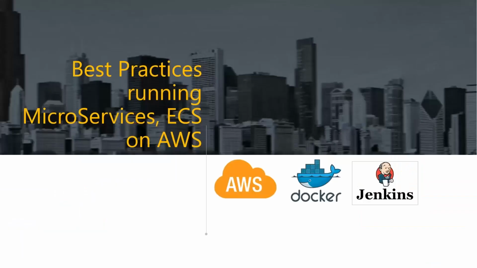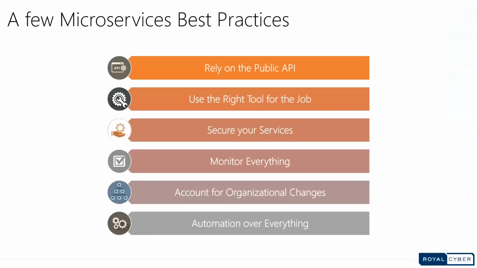So now that we have seen these challenges, let's look into some best practices that are used for running microservices on ECS on the AWS platform. For microservices, a few best practices would be that we have to extensively rely on public APIs as they do the talking with each other or with other services. We need to use the right tools for the job.